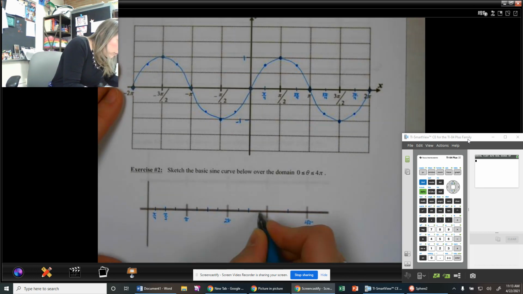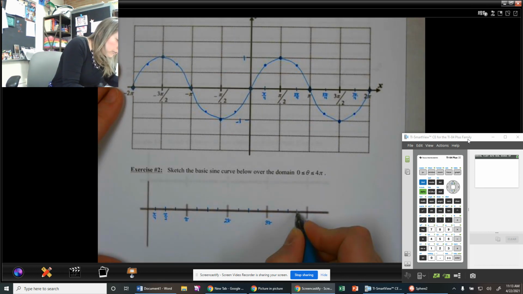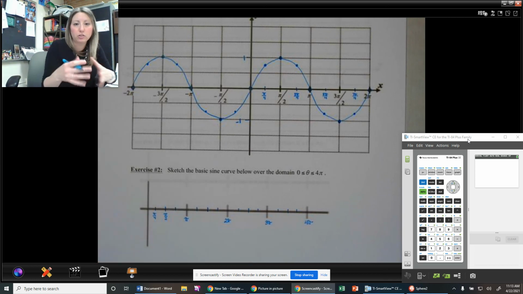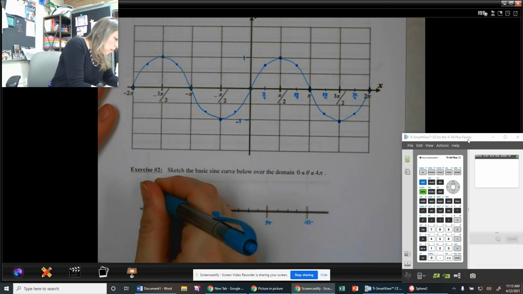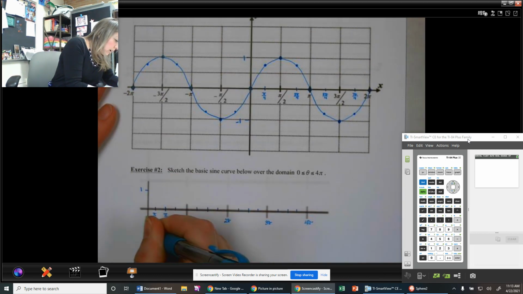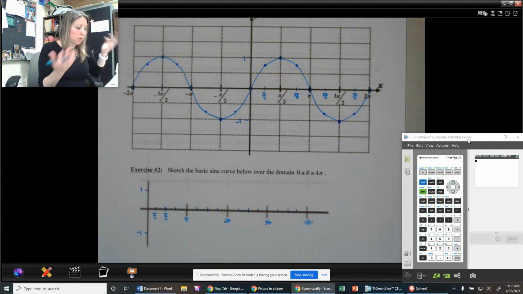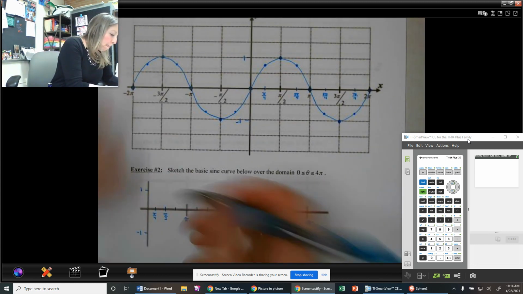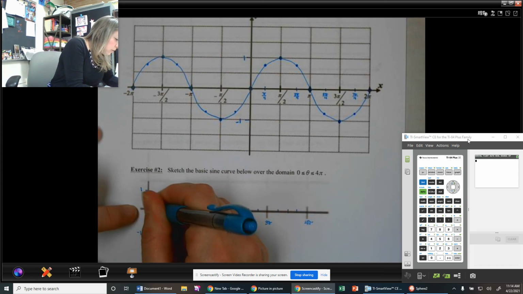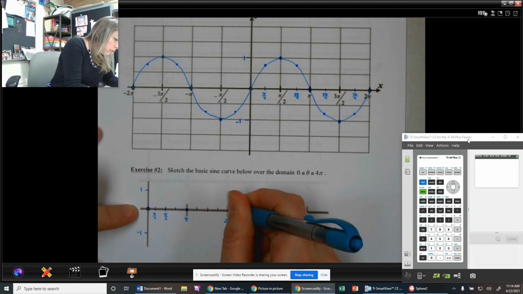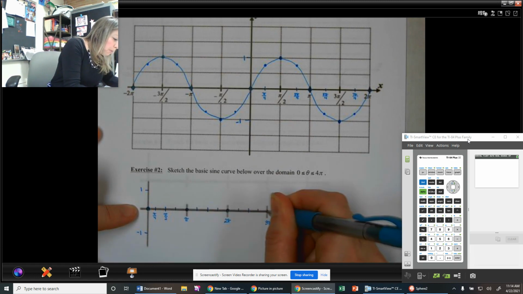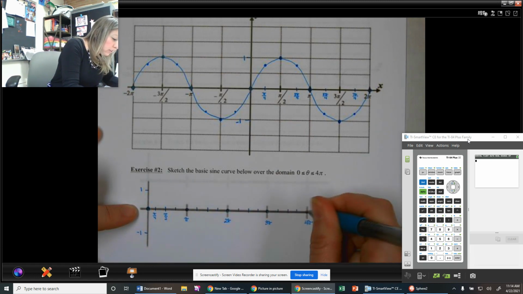And again, this is just a cycle, and this is just a sketch. So I'm really just trying to get an idea. If I want to go all the way up here for 1 and all the way down here for -1, that'll be my max and min. I know that we start at 0, 0. I know we get to 0 again for pi, which means that 2 pi, 3 pi, and 4 pi all get to 0.